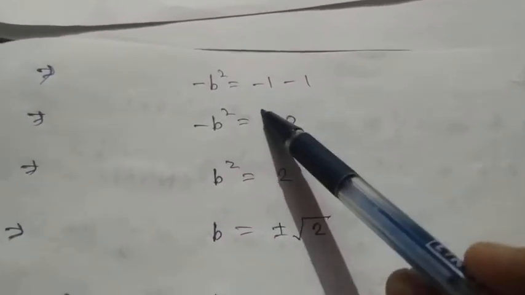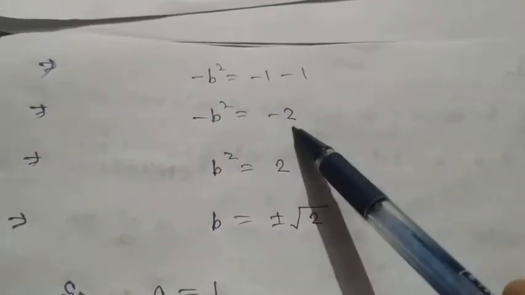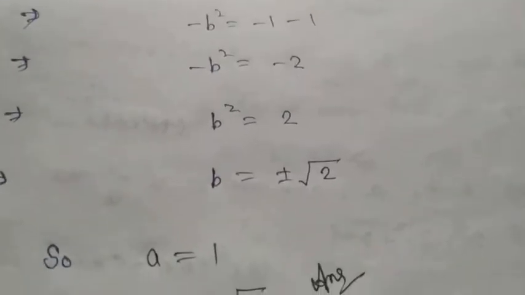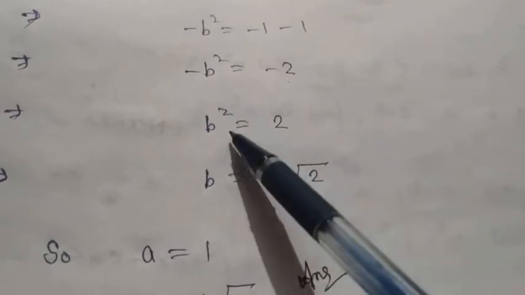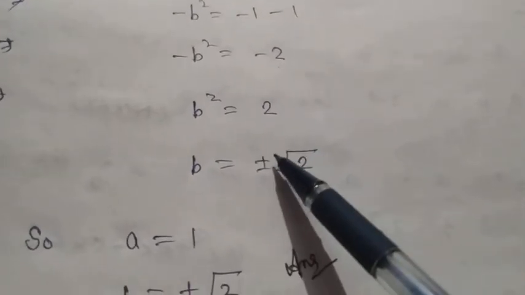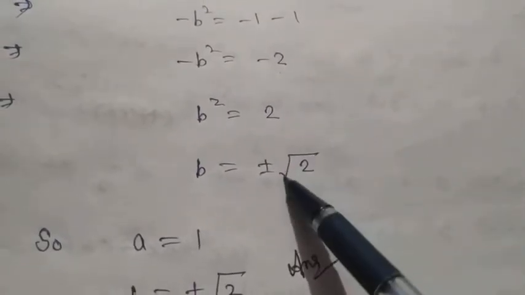Now I have transferred minus 1 to this side, so here minus b square was left and here is minus 1 minus 1. Now minus b square is equal to minus 2, this minus minus will be cancelled and b square will be equal to 2. Now when you remove this square sign, when it goes to this side, it takes the square root sign, and because it is a square, two values will come, one positive and one negative.